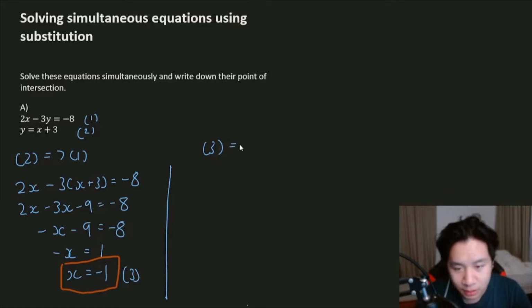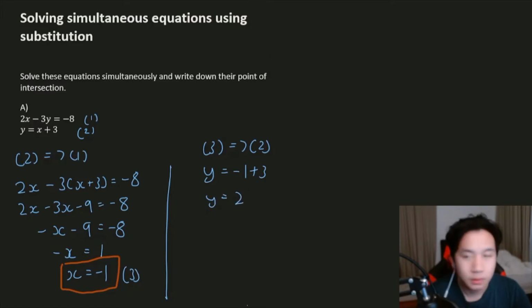So sub 3 into 2. And then what you get is y is equal to, so we sub minus 1 into this equation, and then we solve it. So y is equal to minus 1 plus 3, that is just 2.